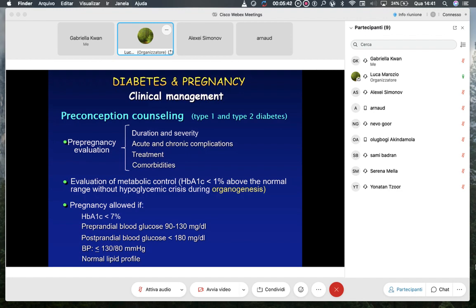Treatment is important to be known because during pregnancy we can use insulin. We can't use oral hypoglycemic agents.